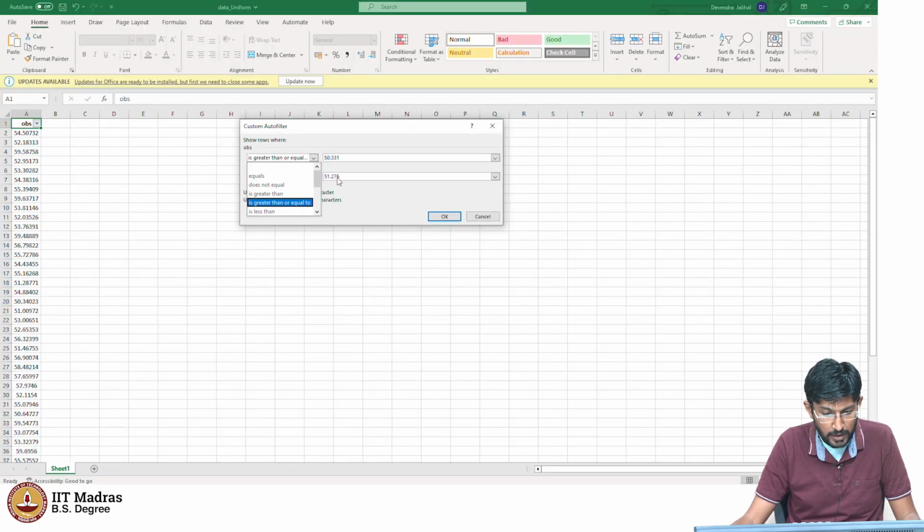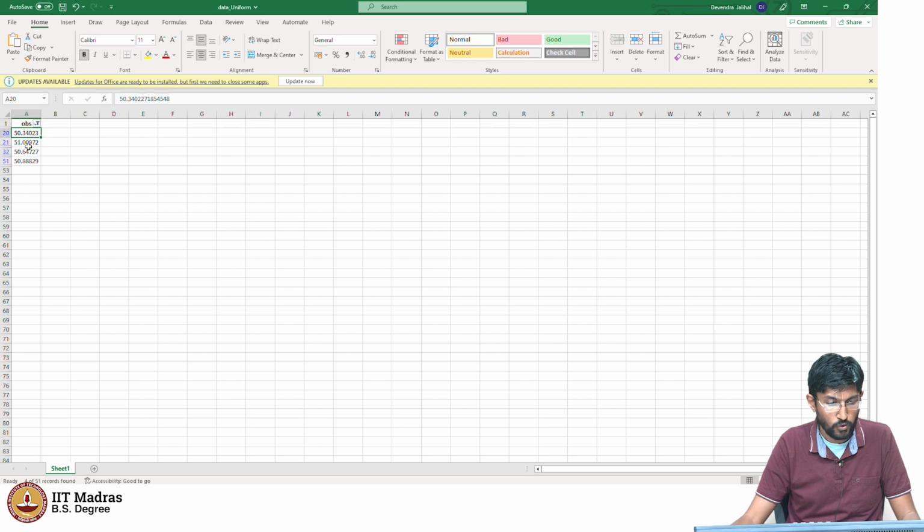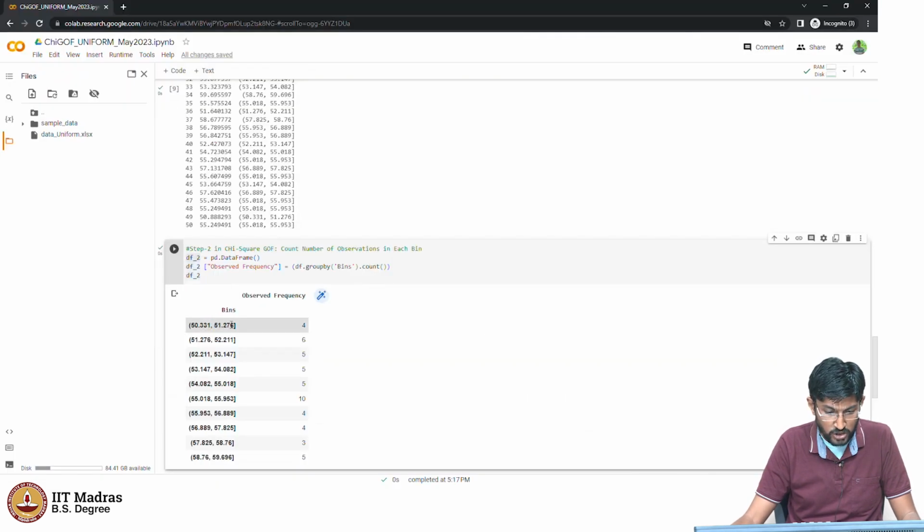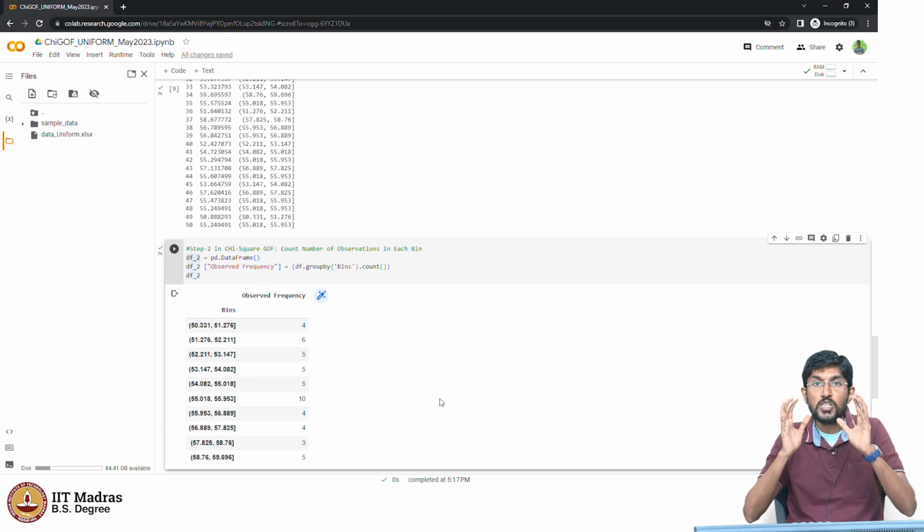Since it's an open interval, it's going to be greater than and less than or equal to. I see 4 observations in the sample, and that is why for each of these bins the number of observations is going to be varying. So 4, 6, 5, 5. If you similarly do it as an exercise for the data set that is given to you, check whether you are getting 5 observations for this bin, and 10 observations for this bin, right? So this is going to be the observed frequency.